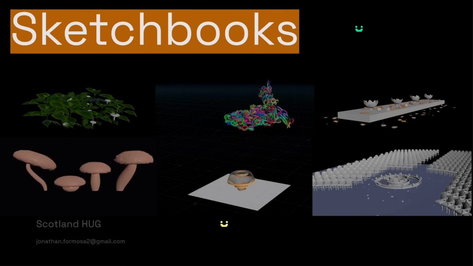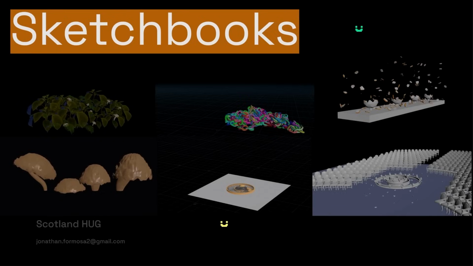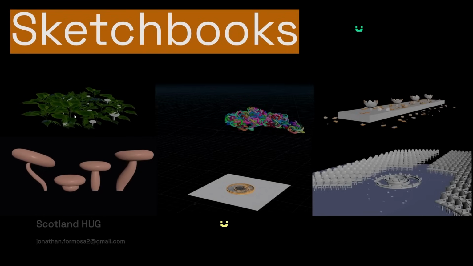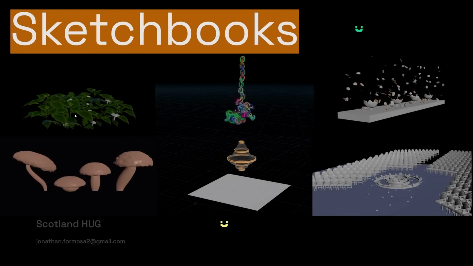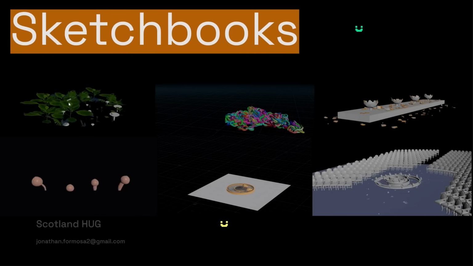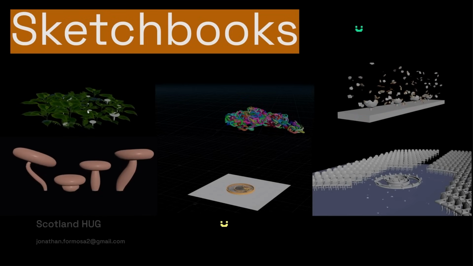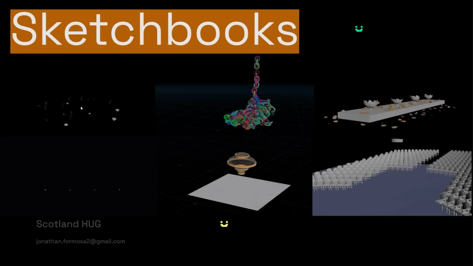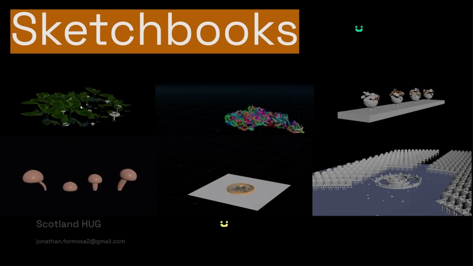Now, these GIFs that I'm showing you here are experiments that I've done on different projects. You can see when I was trying to learn how to do the plant growth in this particular file. It isn't very clean or polished, but it was a way of experimenting with different methods, which were then used in the final project.